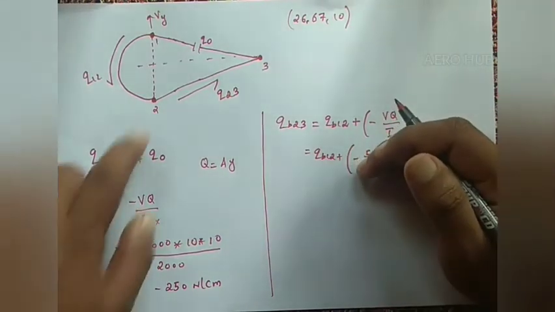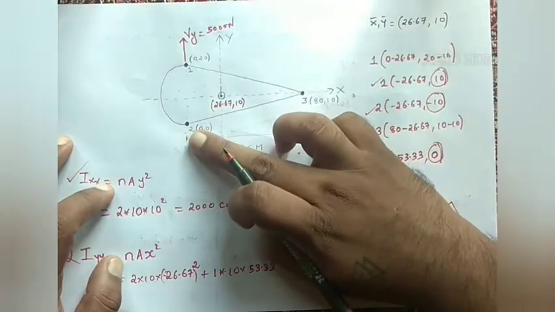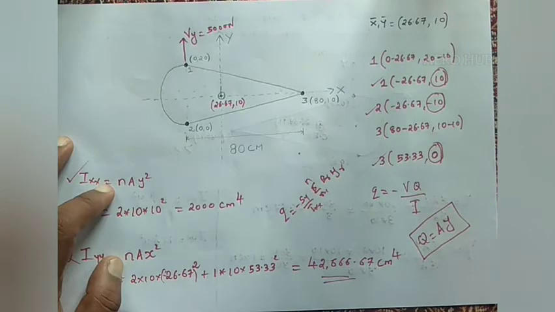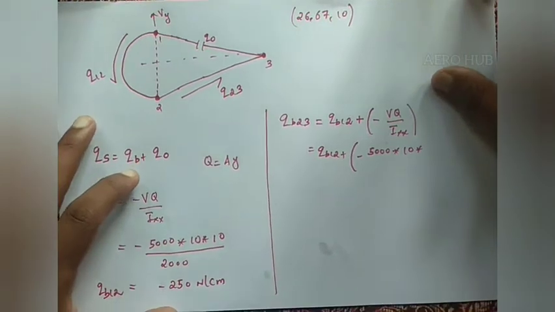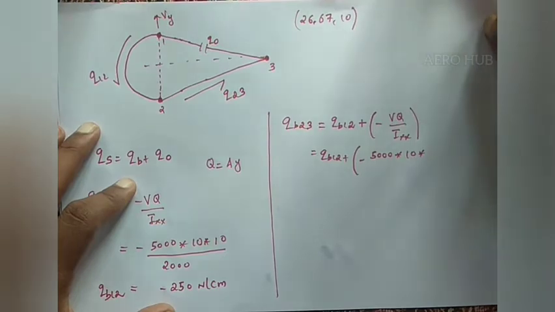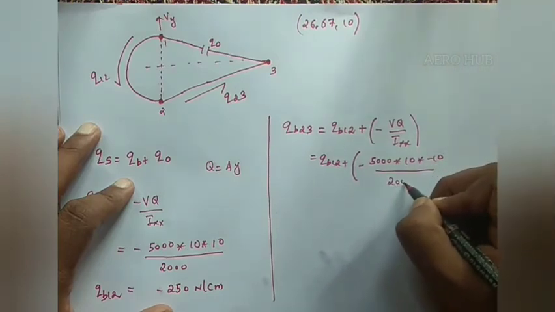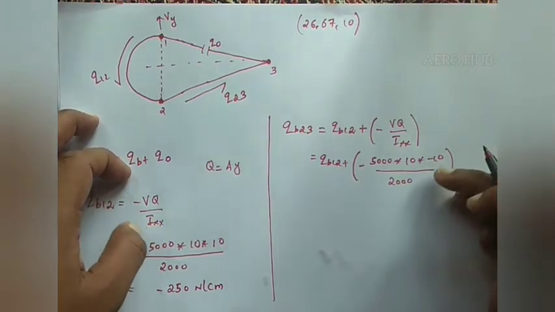and the Y distance. The boom area 2 is below the centroidal axis, and you can also see the boom area coordinate is minus 10. So I have to put the value as minus 10, divided by Ixx, which is 2000 centimeter power 4.